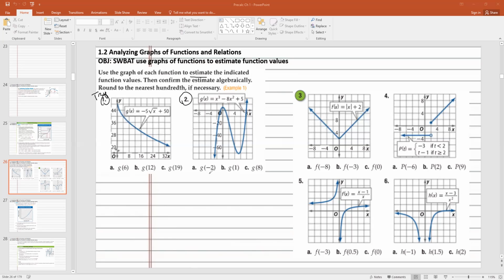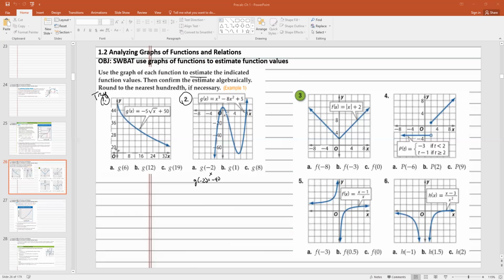So first we want to look at x equals -2. Look at -2 here and go all the way down. It looks like it's crossing about there at -40. So I'm going to estimate that to be -40. So g of -2 is -40.